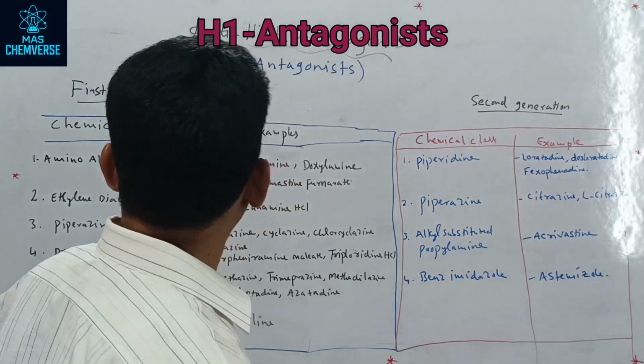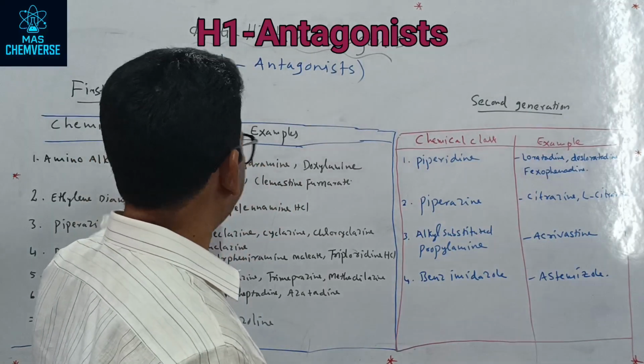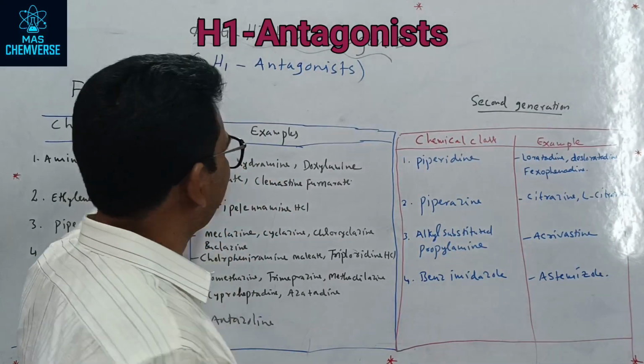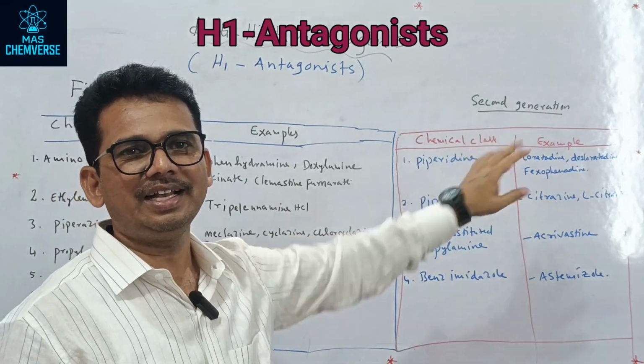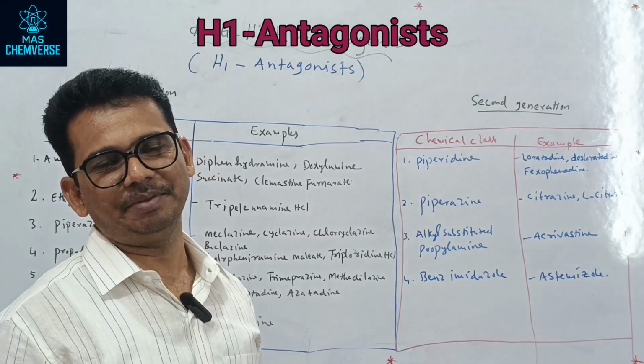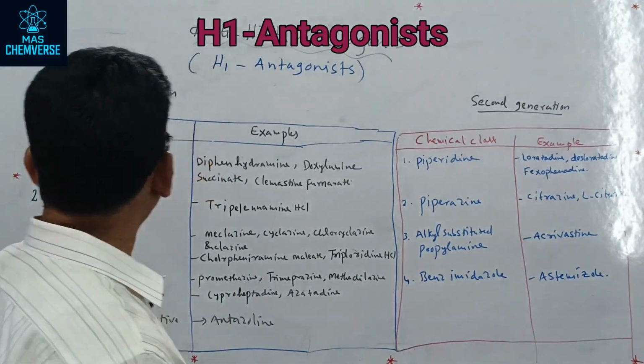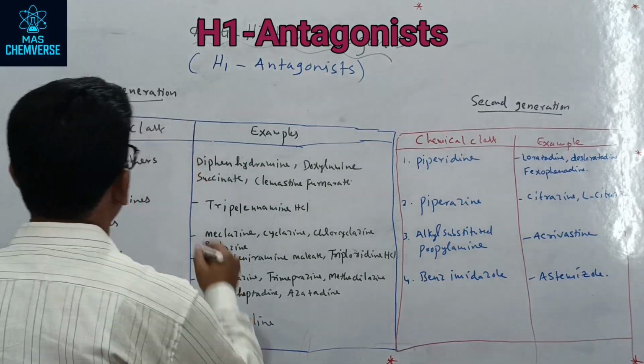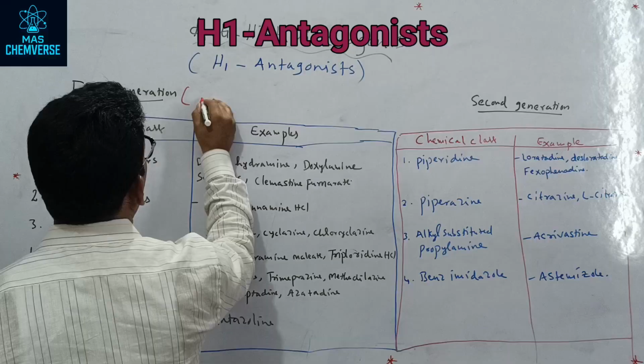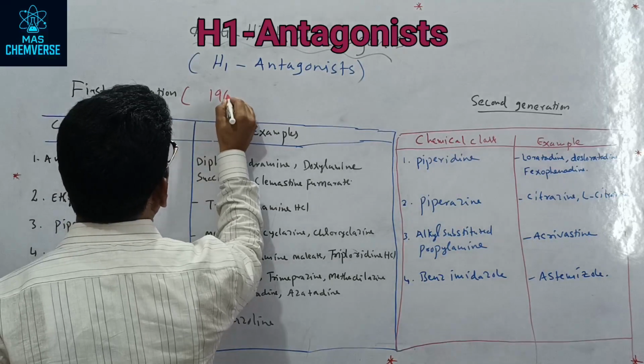Here they are classified into 2 types. One is called the first generation, another one is called the second generation. You have to remember the difference between these 2 generations, very important. The first generation was discovered prior to 1960.